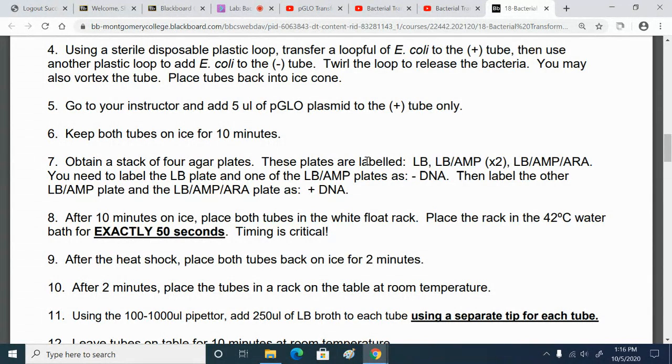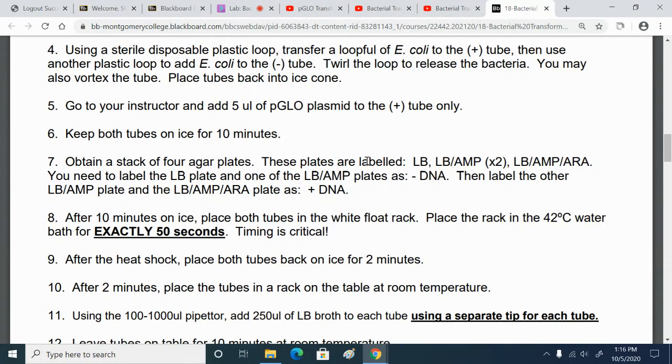So after your 10 minutes on ice, you're going to heat shock the bacteria by floating the tubes in a 42 degrees Celsius water bath for exactly 50 seconds. And so this is something that you would have had to coordinate because the timing is critical.